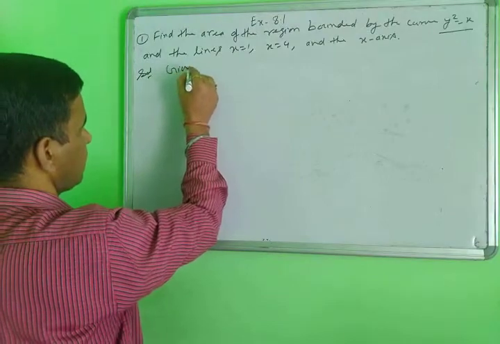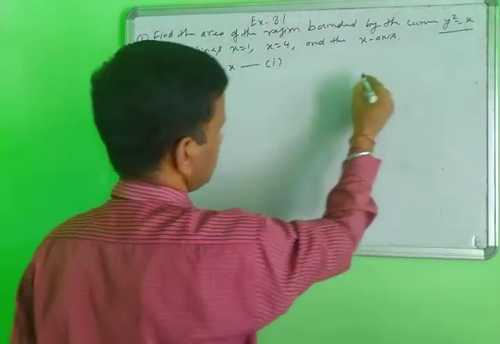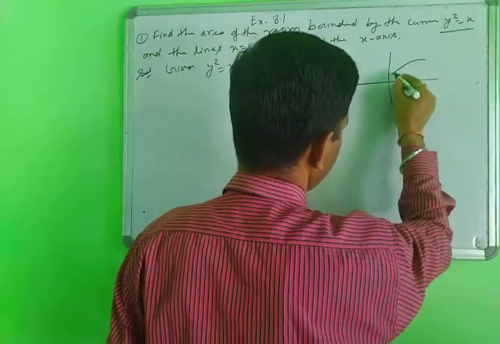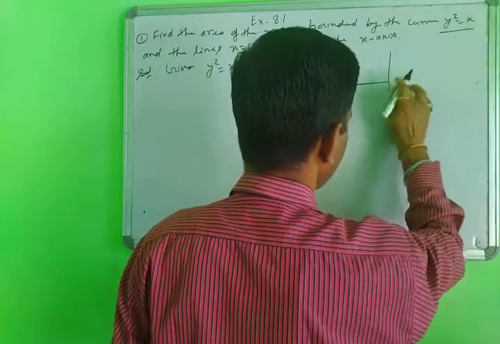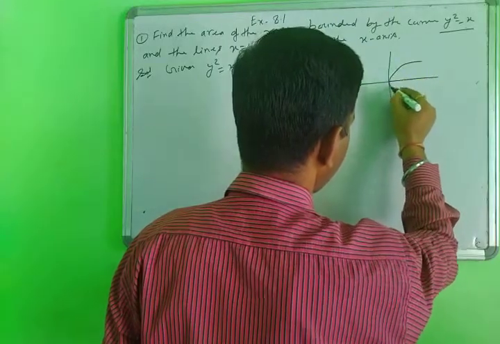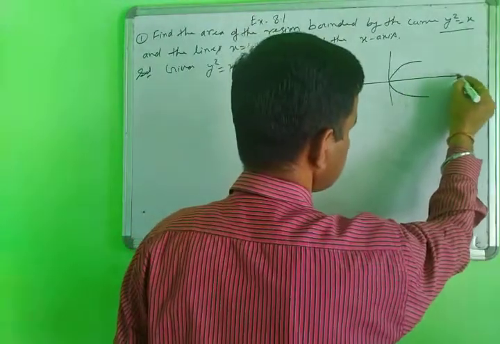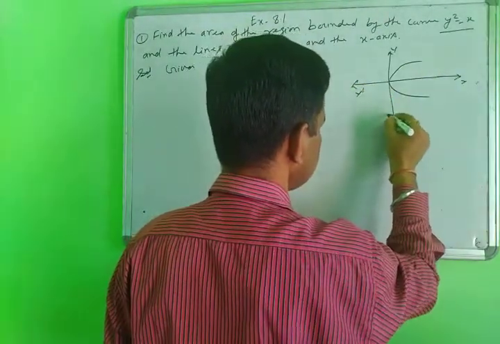Given y square equal to x, this is the first equation, then you draw the parabola in this form. This is your x-axis, this one is the y-axis, this is x dash, and this one is y dash.